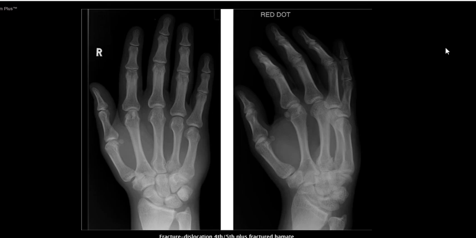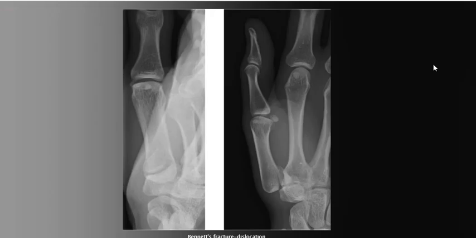So this summarises the importance of approaching each film in a systematic way, so that these kinds of grotesque injuries, and they're quite obvious on the films, don't stray your eyes away from more subtle injuries, which have just as much clinical importance.